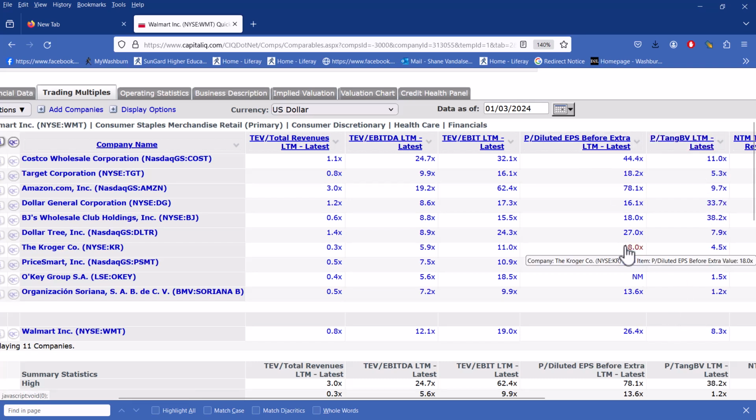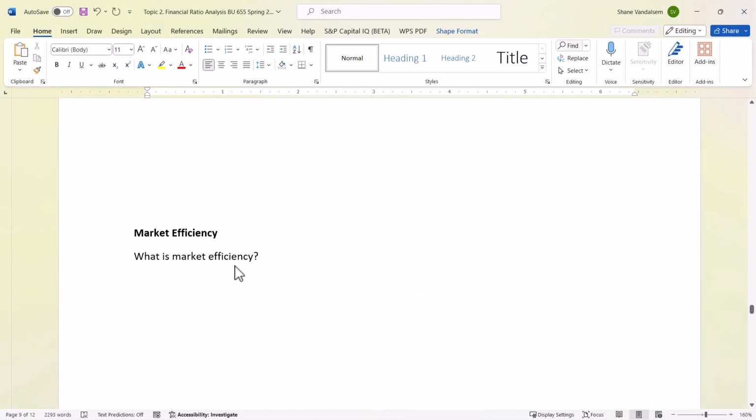However, many companies have a lower value. Here we see Dollar Tree, Kroger, Target, all have lower price to book value ratios. And so again, this is a way to see how investors perceive the company compared to other firms.